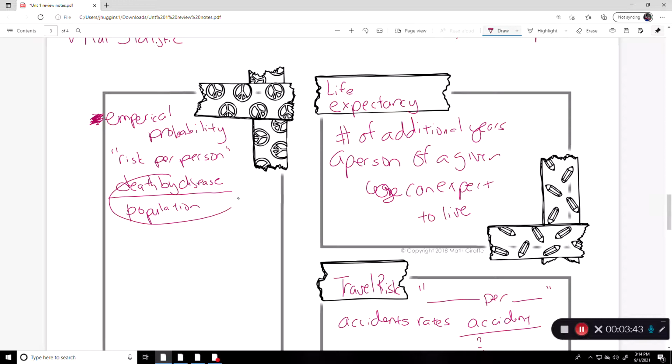The next thing we're calculating there is they would say stuff like the risk of death by something is how many times greater than the risk of death by something else. Here, we want to know how many times, so we need to solve for how many times. Times is like multiplication, and so to do that we need to use some division.